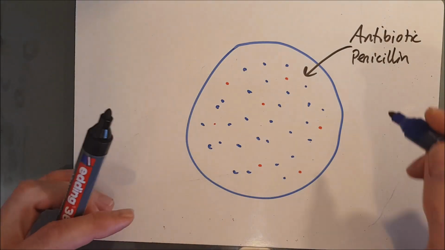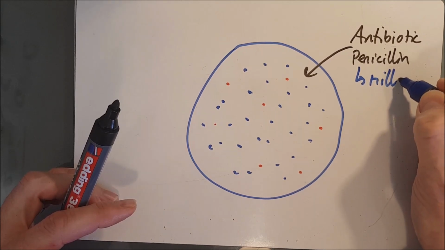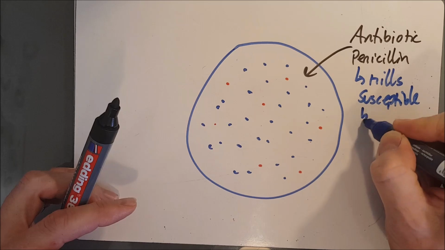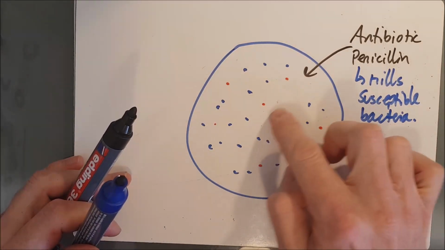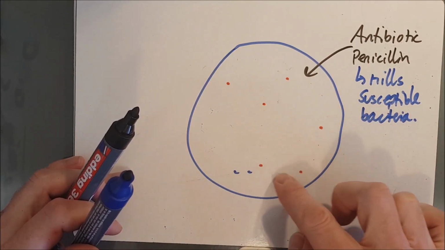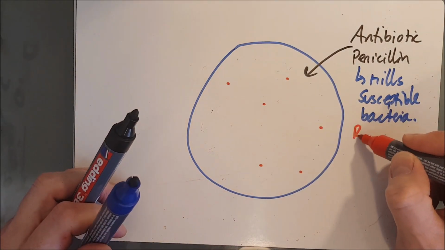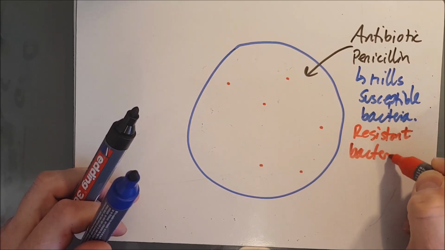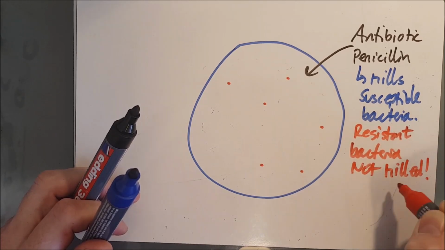What that's going to do is kill all the susceptible bacteria, because they don't have the resistance, so they're all going to be killed off. And what that leaves behind is the resistant ones, because the resistant ones are not killed. And that's really the key, they're not killed.